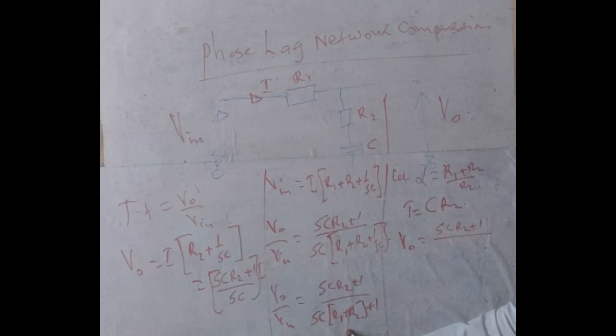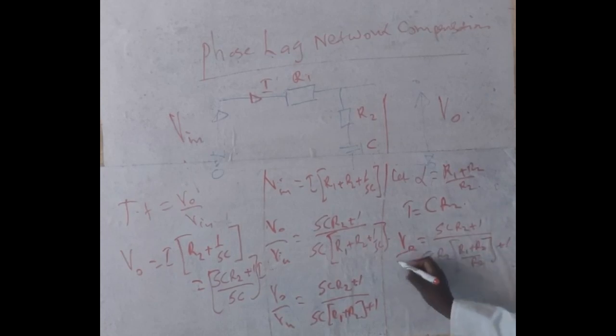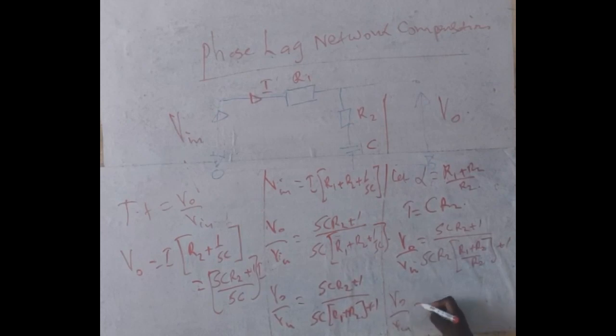So we can now substitute from that formula V out and V in. V out is this, SC R2 plus 1 all over SC, into I, and V in is I into R1 plus R2 plus 1 over SC. I and I will cancel each other and we shall have this equation.